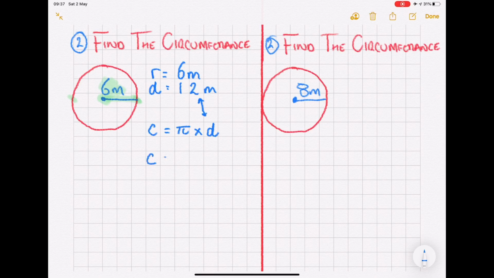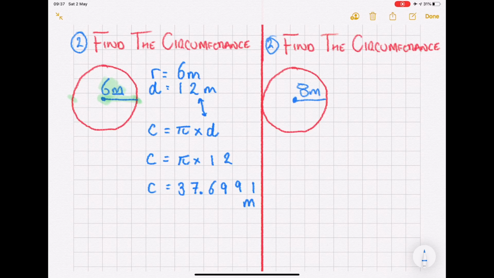So we do c, circumference, equals pi times by 12, because that's our diameter. Now our next step is to type that into our calculator. So if we do pi times by 12, we end up with 37.6991 metres this time, because our radius is in metres.